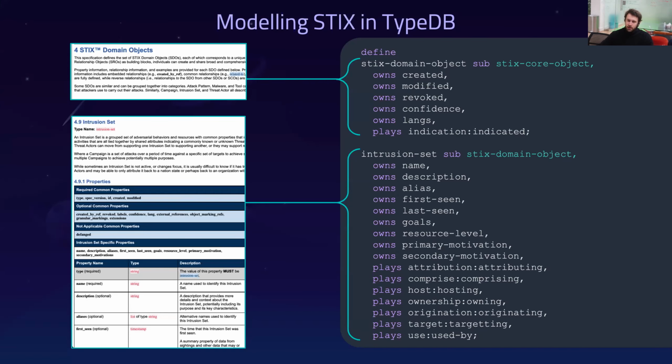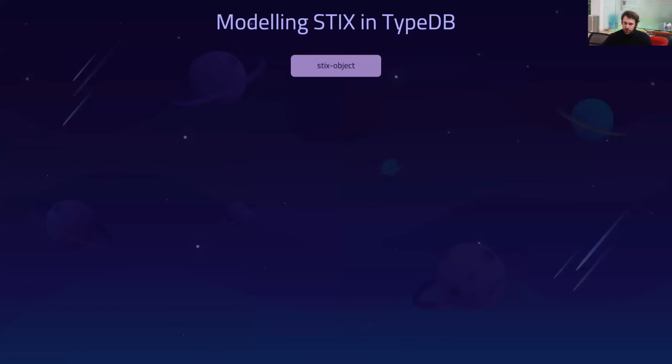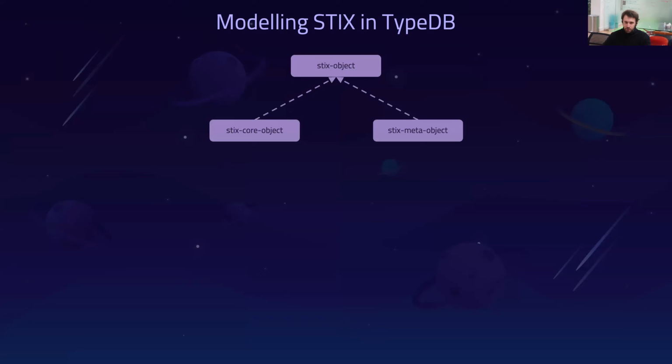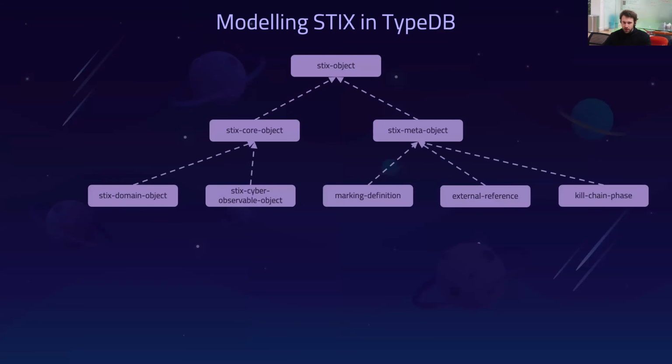And then if we consider holistically what the whole model looks like from a modeling perspective, the most high-level object that we've modeled currently in the STIX schema is a STIX object. And from there, we say there's a STIX core object and there's a STIX meta object, which then are divided into a STIX domain object, a STIX cyber observable object, and then for the meta object, we've got the marking definitions, the external references, and the kill chain phases.